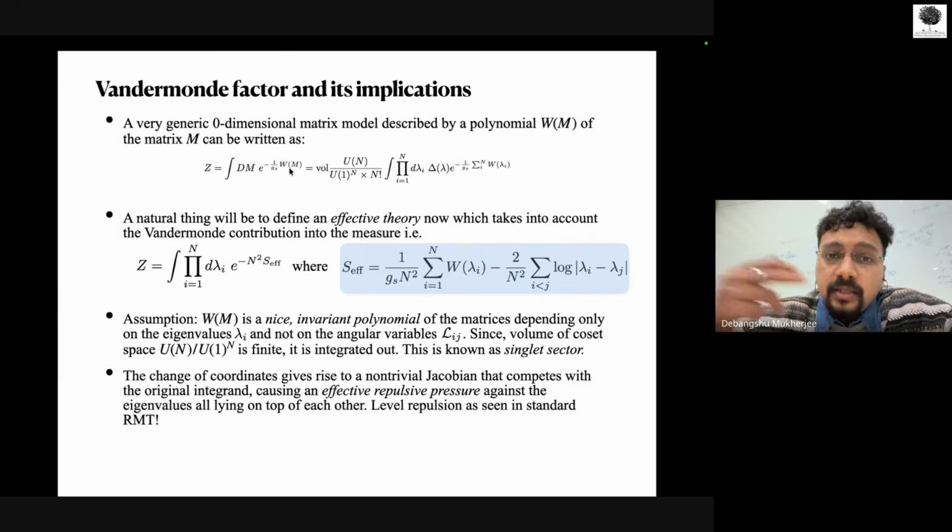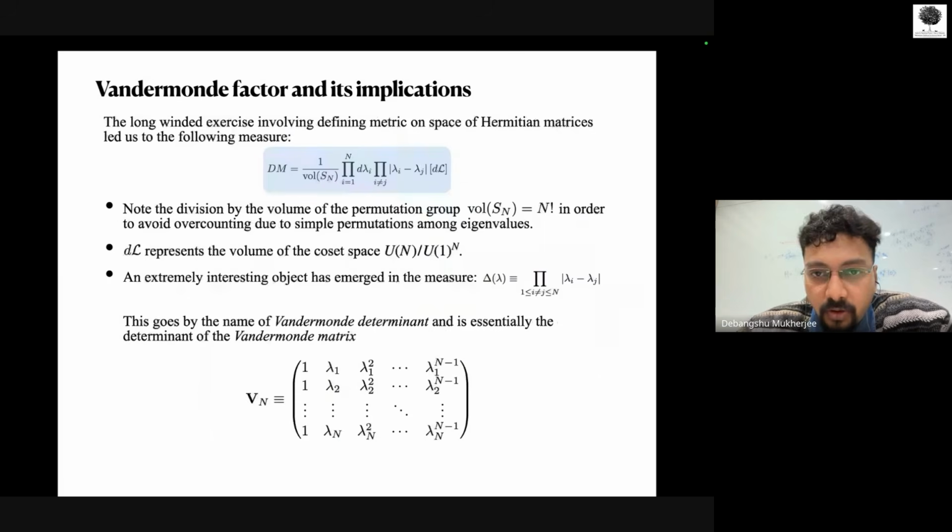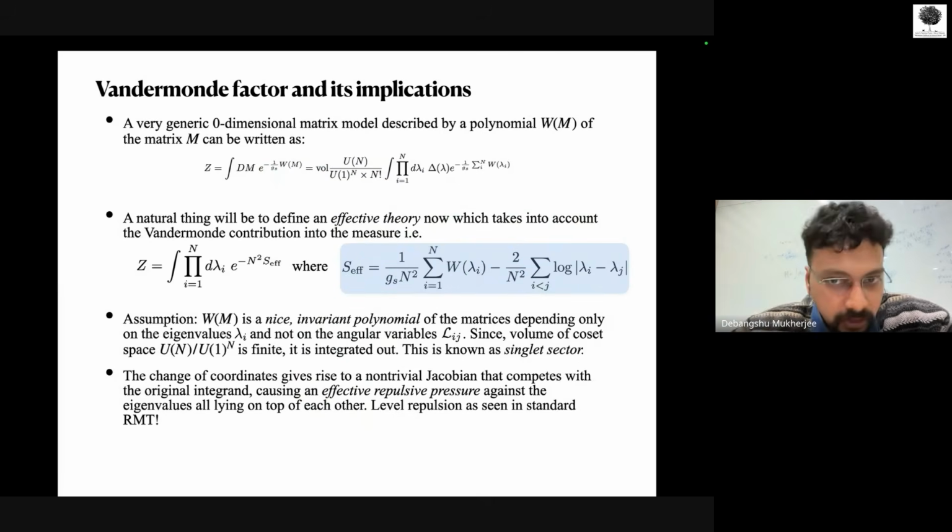Now, the reason for harping on the fact that these W(M)s are these nice polynomials is that they are independent of anything other than the eigenvalues themselves, and particularly independent of any unitary transformation. Effectively, whenever I write e to the power W(M), these W's do not depend on this curly L. That is effectively what this means.